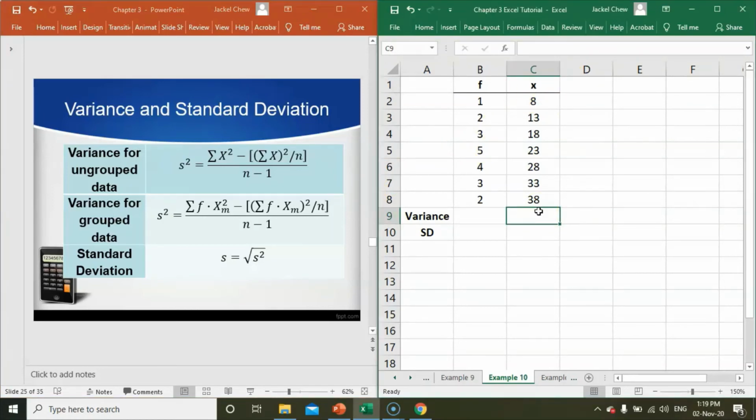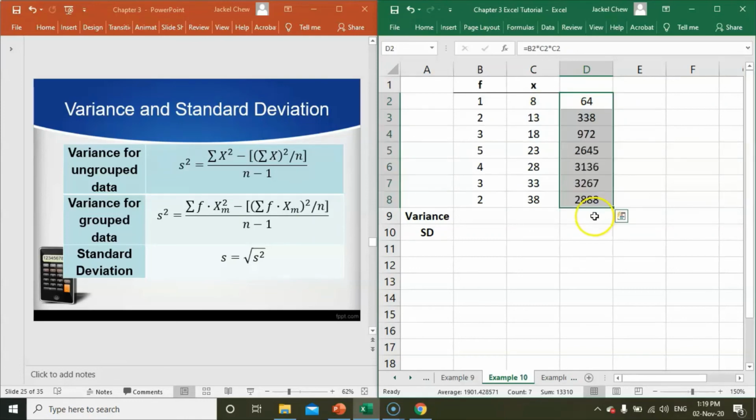So first we find the sum of fx square. So the formula is f times x times another x. And then you drag it down like this. And to find the sum of this fx square, you use the sum function and you highlight all the data.